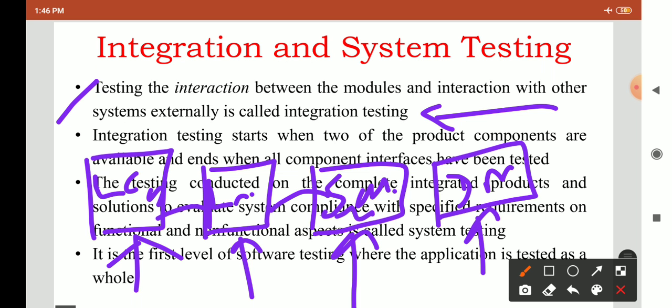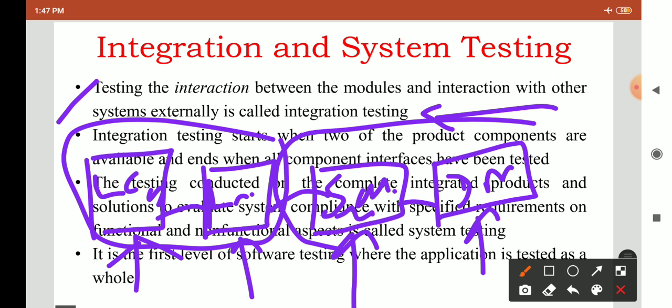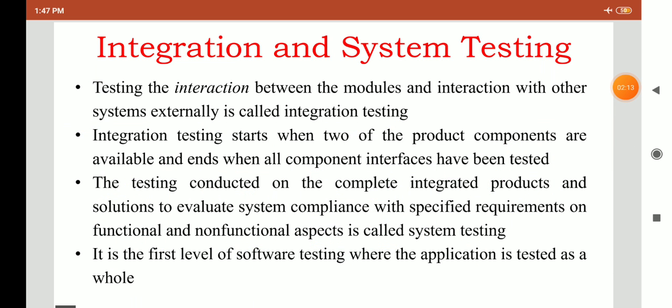Here we are integrating all these components, or the small 2 or 3 components together, and checking whether it is giving the correct expected output or not. So in integration testing we combine 2 or more modules and check the expected output.